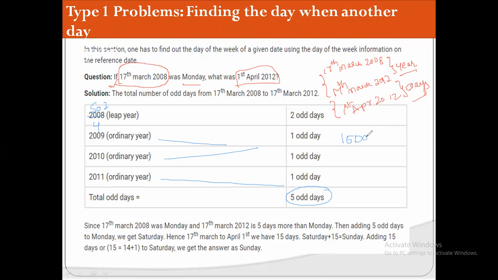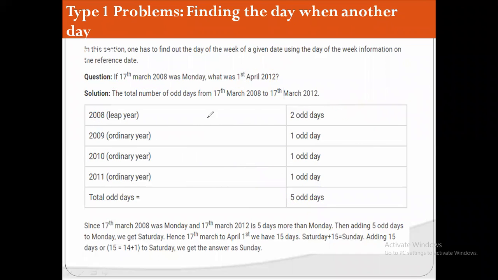Because 17th March is already completed, we now take 18, 19, 20 up to 30, which is 13 days, then 1st April, making 14 days. Counting this way, the total of 15 days has been taken as additional days.